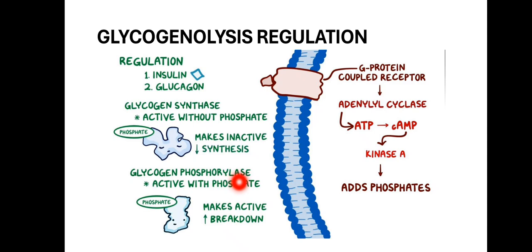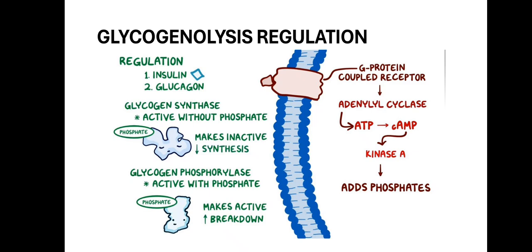Let me remind you, glycogen phosphorylase was using phosphate groups to sprinkle on the long chain of glucose units, which had 1,4 alpha glycosidic bonds. So, for glycogen phosphorylase to be active, it needs phosphate groups. It's the opposite of what glycogen synthase needs.